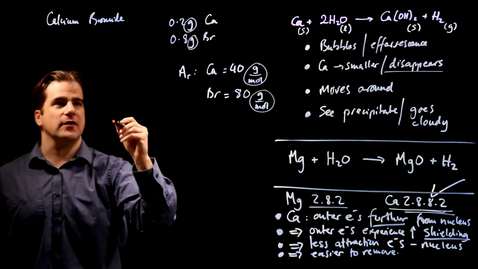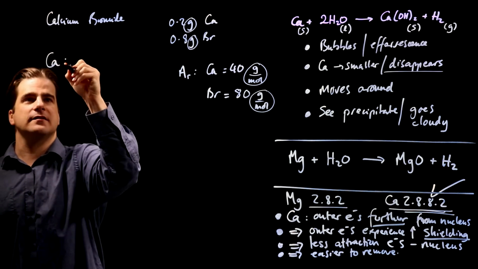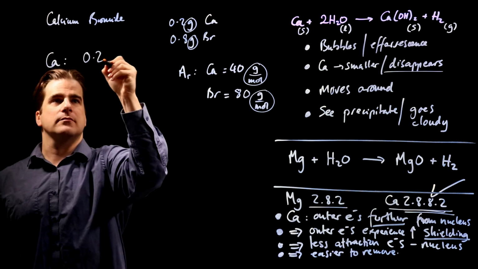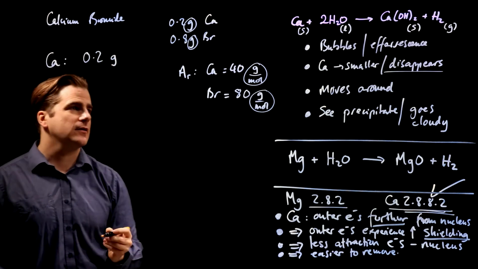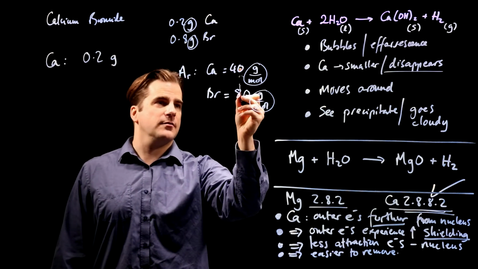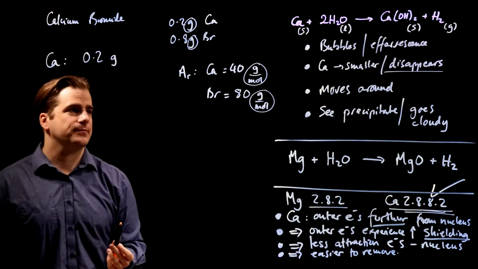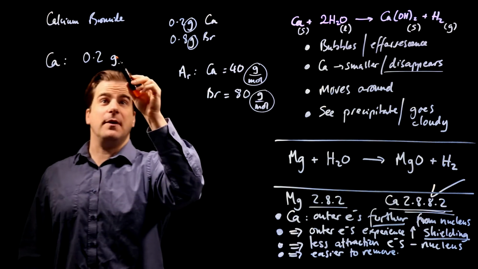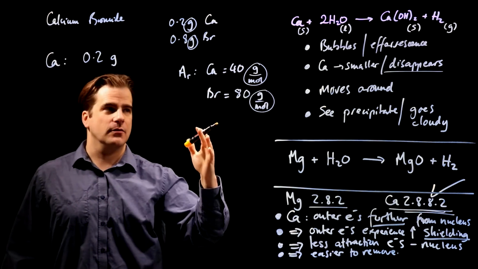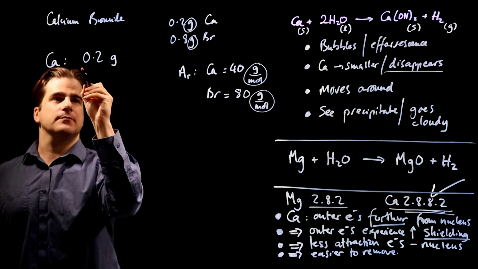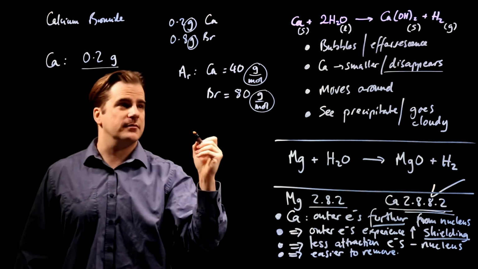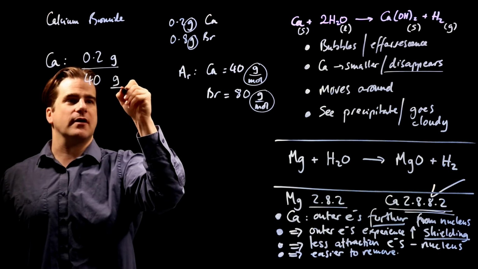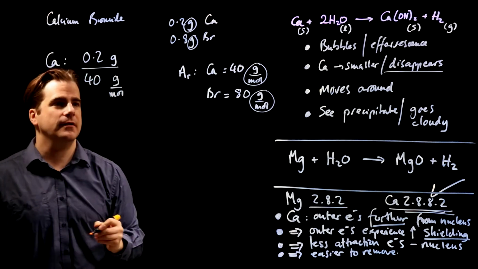let's do calcium first, okay? So, calcium. They've given us 0.2 grams, right? And we know that calcium weighs 40 grams per mole. So what are we going to do? Just by looking at the units, we know that if we divide something that's in terms of grams by something that's in units of grams per mole, okay?